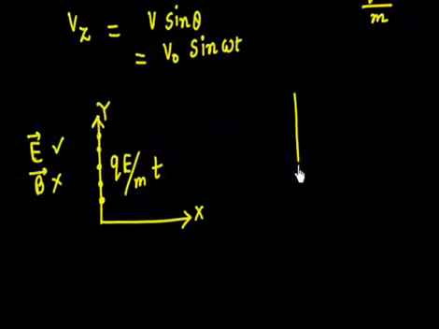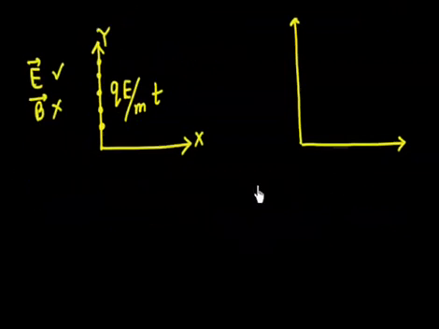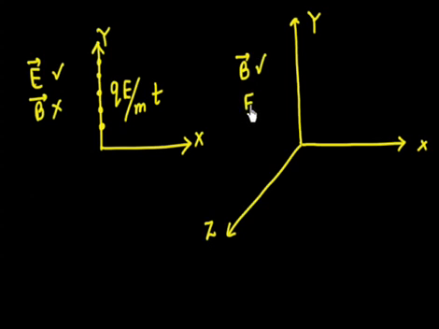If you have only the magnetic field and no electric field, this is your x-axis, this is your y-axis, and this is your z-axis. Of course, the electric field and magnetic field are both in the y direction. So in this case, B is in the y direction.